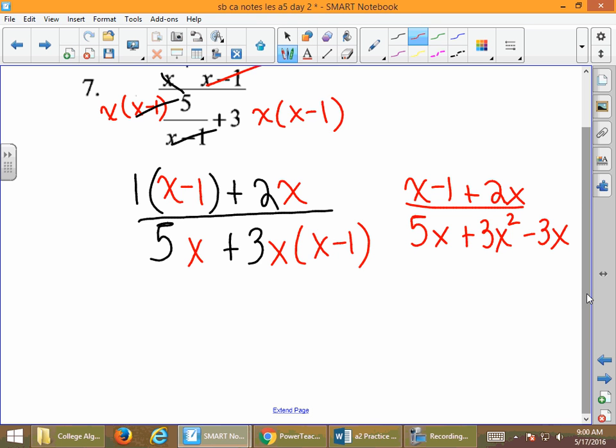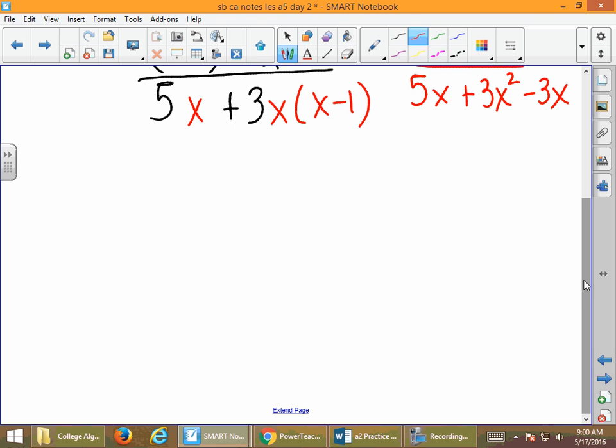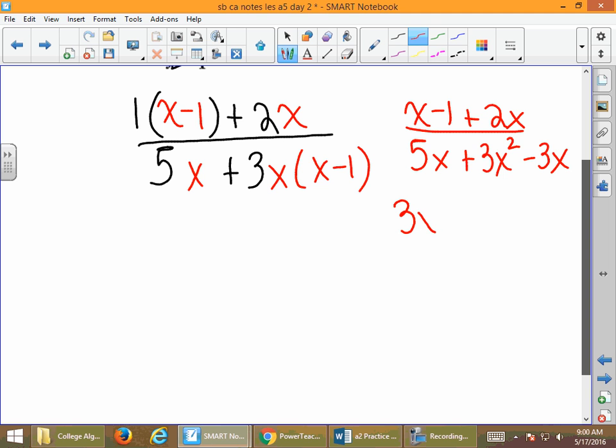So if we simplify that a little bit more, we end up with 3x minus 1 over 2x plus 3x squared. And can we do anything else to that? We cannot. I mean, we can factor out an x of the denominator, but because we can't factor anything in the numerator, there's nothing else that we can do.